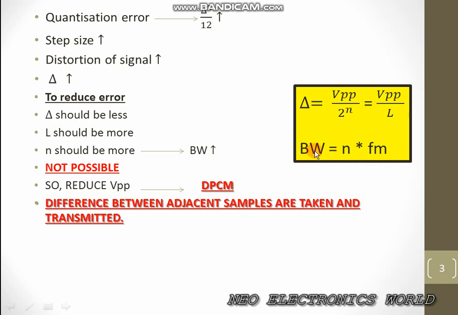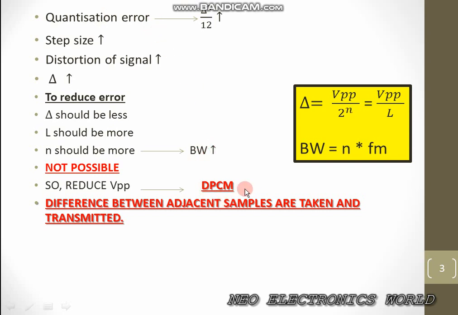So we cannot employ this, because we cannot exceed the bandwidth beyond a limit. So we will prefer reducing the VPP. Why do we reduce VPP? As the VPP is reduced, delta gets reduced, so delta square gets reduced, and the quantization error will reduce.